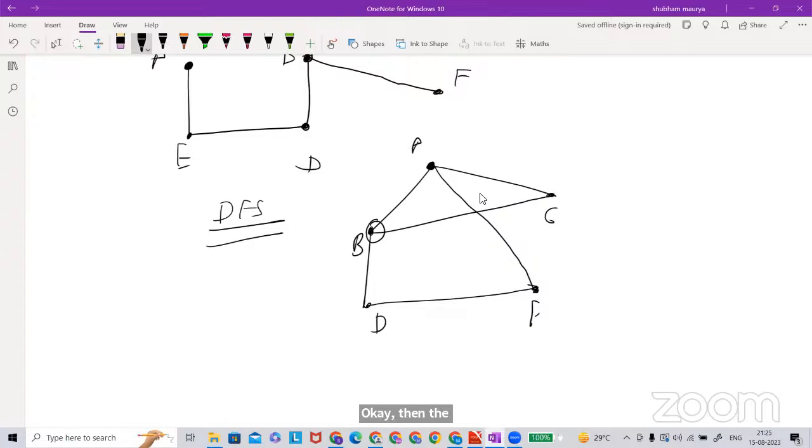So I reach B and start exploring B. So I can go to D or I can go to C. So suppose I visited C here and start exploring C. So from C, A is already visited, B is already visited. So we start backtracking. So we backtrack here and reach B.